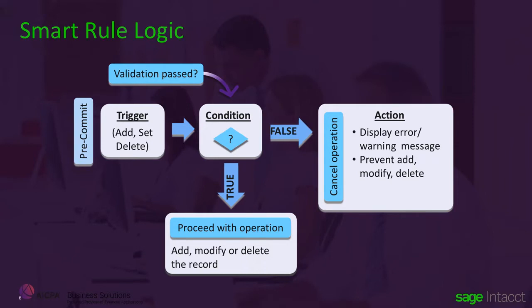Now, again, with a warning, it's kind of like getting a warning from a police officer. It's a little bit scary. It's going to make you stop in your tracks for a minute, but he is going to let you go, right? And you get the warning, and you can continue on with the transaction that you're posting.